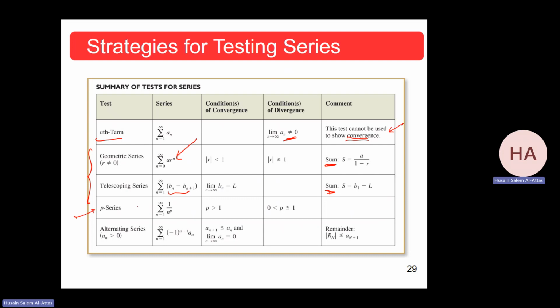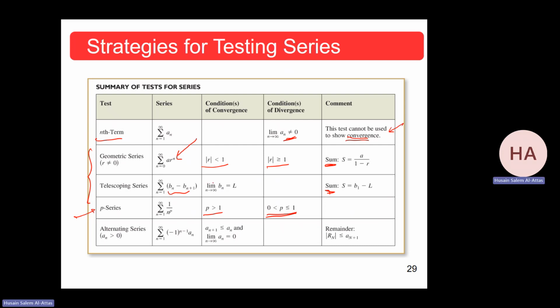This is the geometric r to the power n, and this is telescoping, where terms cancel each other. Also, we have the p-series, 1 over n to the power p. It will converge if p is greater than 1 and diverge if p is between 0 and 1. The geometric series will converge if the absolute value of r is less than 1 and diverge if the absolute value of r is greater than or equal to 1.